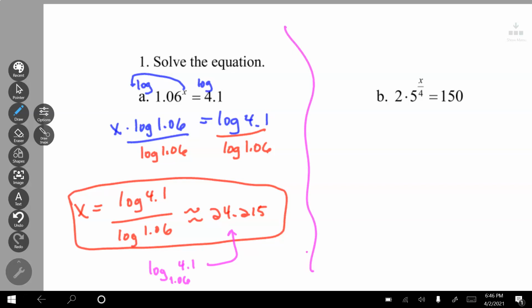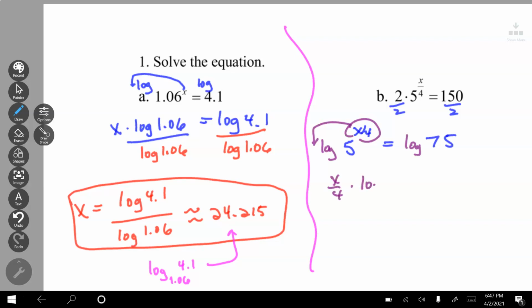The next problem, I need to isolate, so I have to get rid of the 2. I have 5 to the x over 4 is equal to 75. I'm going to log both sides. And when I log both sides, this drops in front. So I have x over 4 times log of 5 is equal to log of 75.